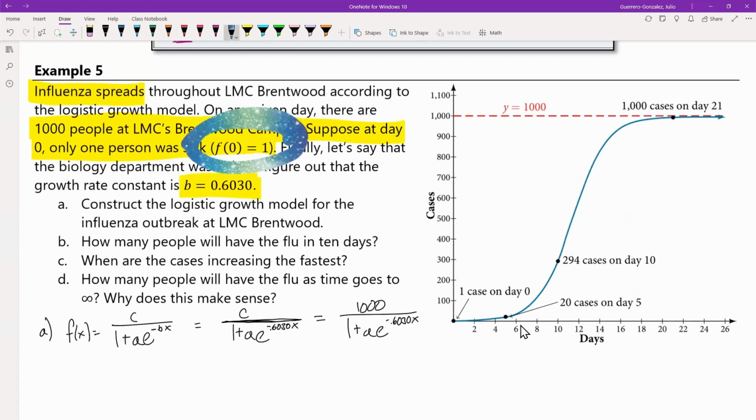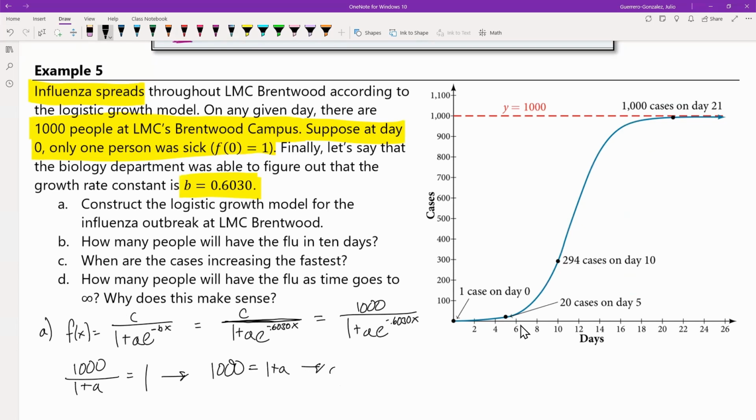We're saying that at day 0, there was 1 person sick. So that means our 1,000 over 1 plus A should be equal to 1. If you solve that out, 1,000 is equal to 1 plus A, so A is going to be equal to 999.